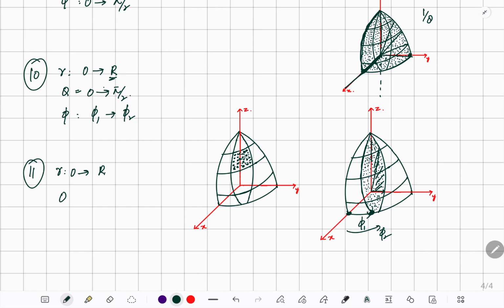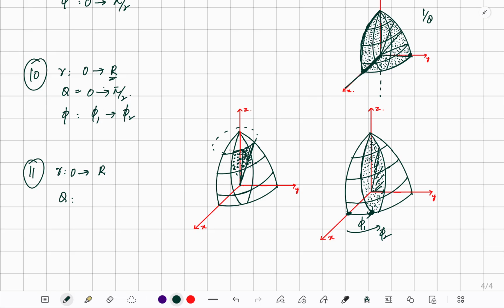Now what is theta? Now tell me. If we consider the part here, it is making angle theta 1. You consider it because it's a part of the sphere, so every point is making angle theta 1. It's a bit difficult to imagine in 3D, but you can consider the umbrella again.